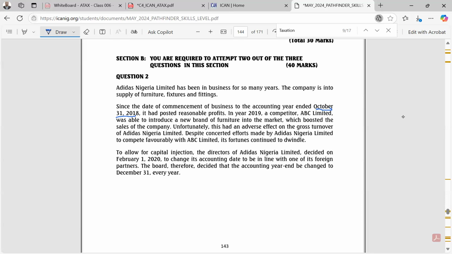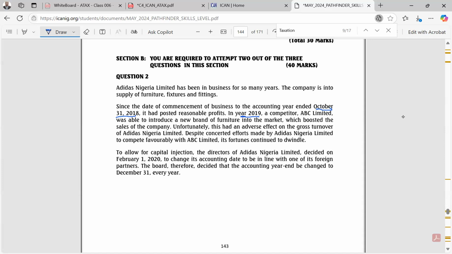In the year 2019, a competitor, ABC, was able to introduce a brand of furniture into the market, which boosted the sales of the company. Unfortunately, this has an adverse effect on the gross turnover of Adidas Nigeria. Despite concerted efforts made by Adidas Nigeria Limited to compete favorably with ABC, its fortunes dwindled.